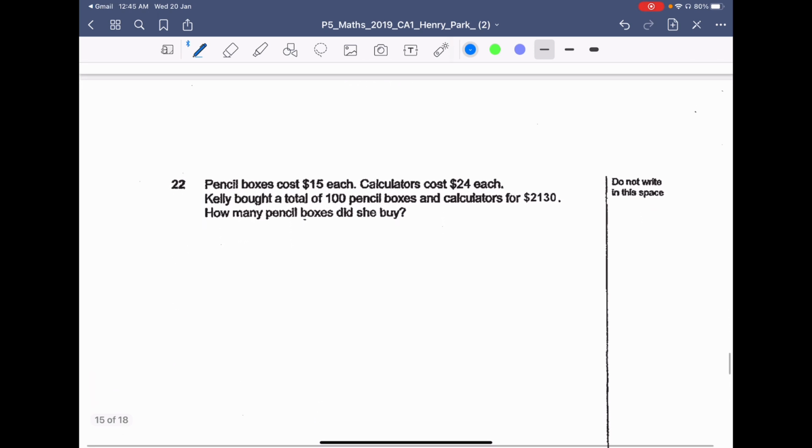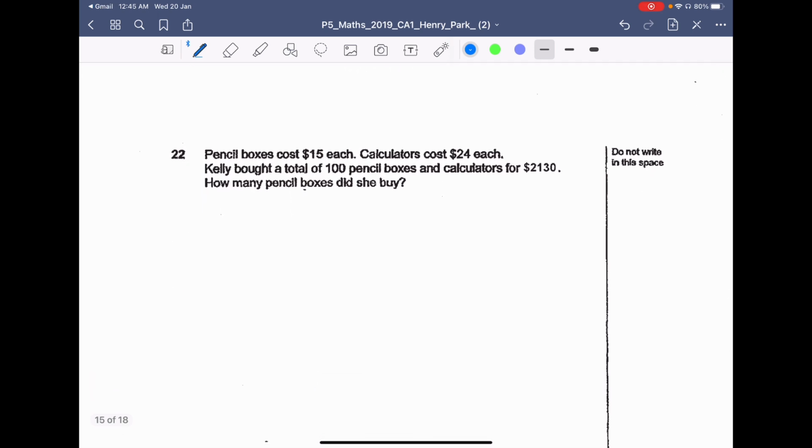Question 22. Pencil boxes cost $15 each, calculators cost $24 each. So calculators are more expensive. Kelly bought a total of 100 pencil boxes and calculators for $2,130. How many pencil boxes did she buy?